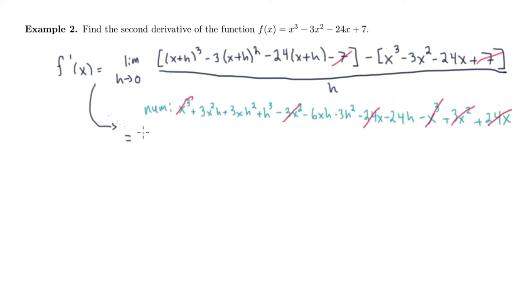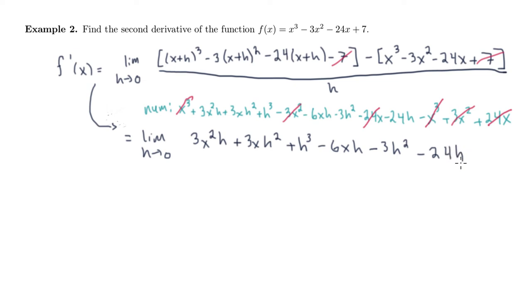So the derivative is the limit, as h goes to 0, of the numerator, which is 3x squared h plus 3x h squared plus h cubed minus 6xh minus 3h squared minus 24h, all over h.